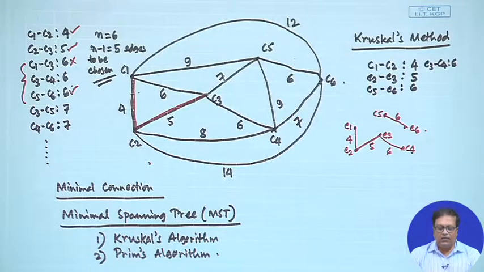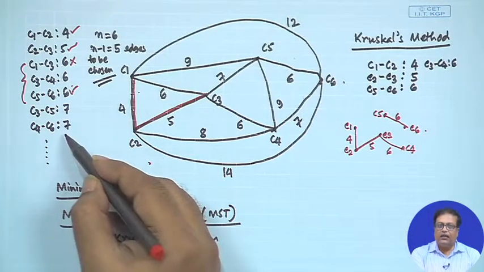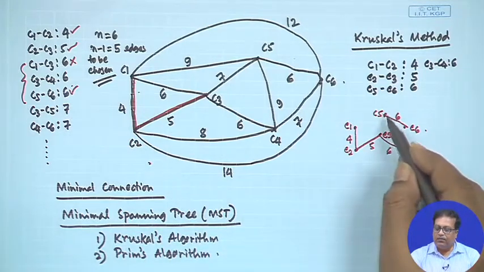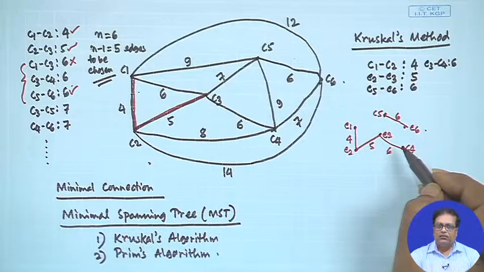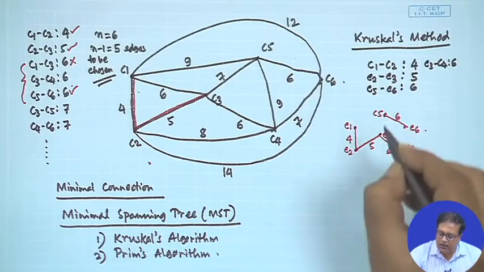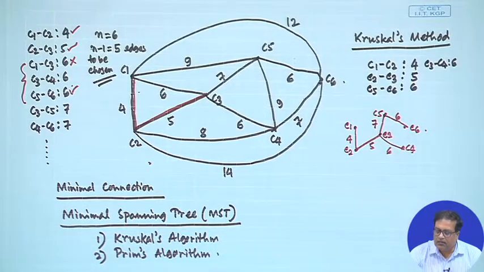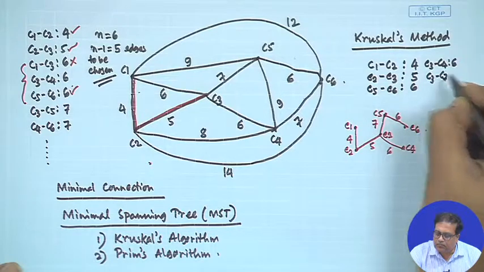So 4 are chosen. Now we come to this. Can we choose C3 C5 or C4 C6? Both are there. In fact, now since there is a choice, they do not make a circuit. So we can choose either. Suppose we choose C3 C5, 7, then we can have this one, C3 C5, 7.